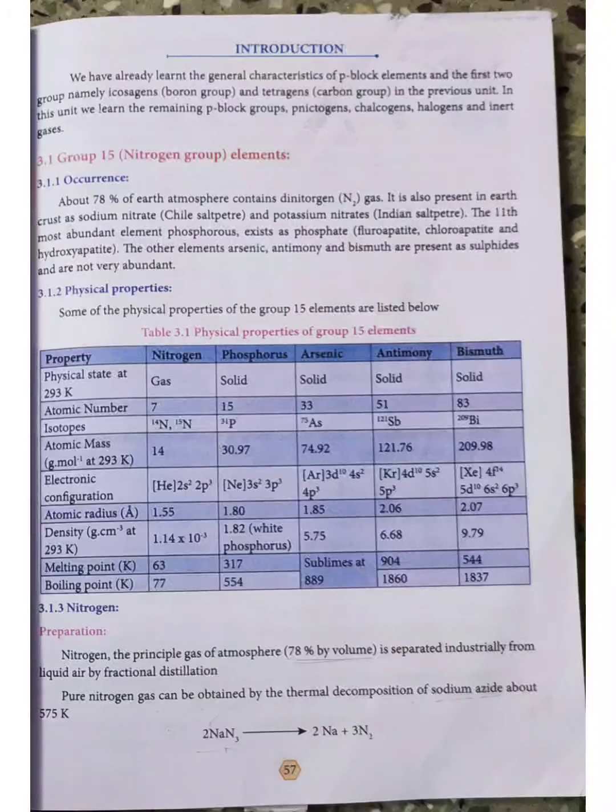Occurrence. In the nitrogen family, there are totally 5 elements: nitrogen, phosphorus, arsenic, antimony, bismuth. You know the symbols: N, P, arsenic As, and antimony.